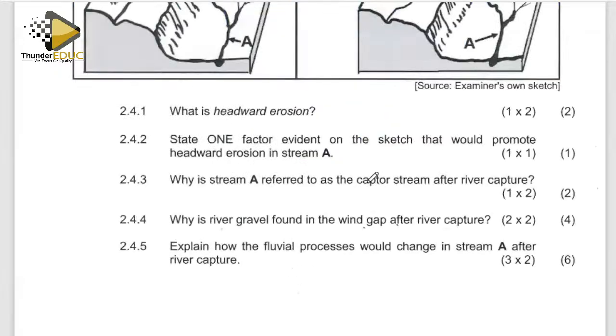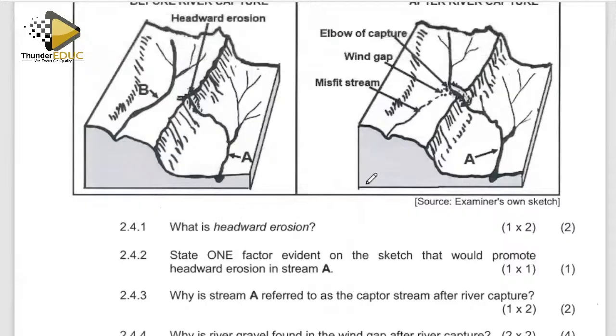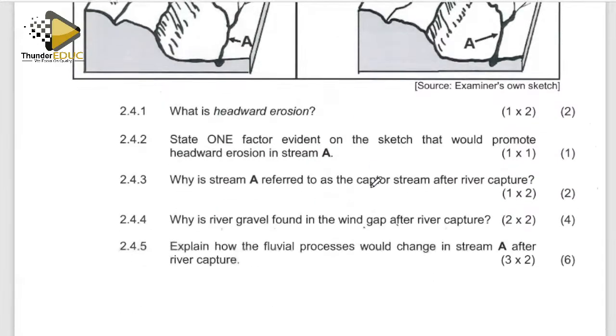State one factor evident in the sketch that would promote headward erosion in stream A. What promotes headward erosion in stream A? A factor which is evident.